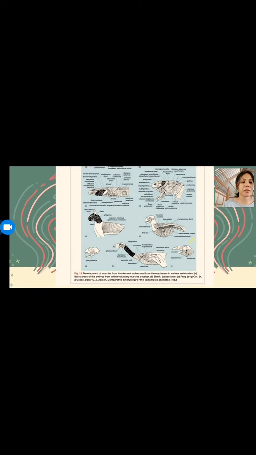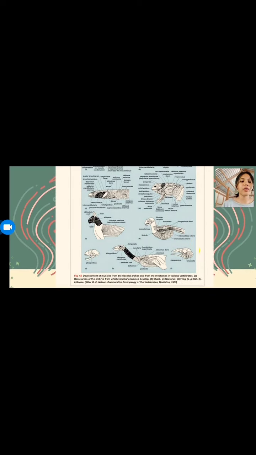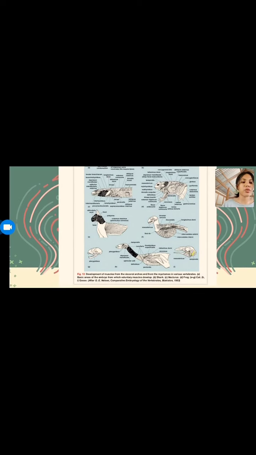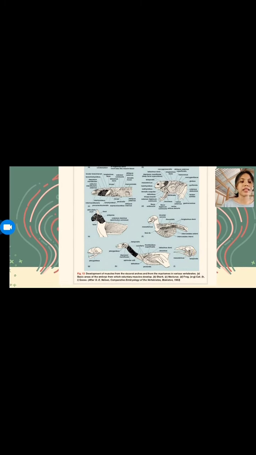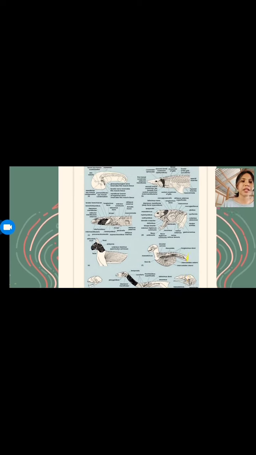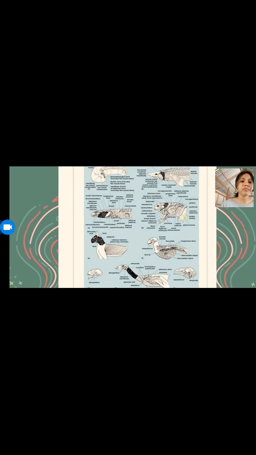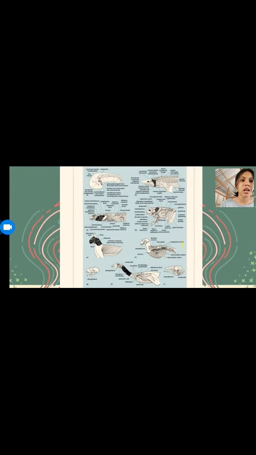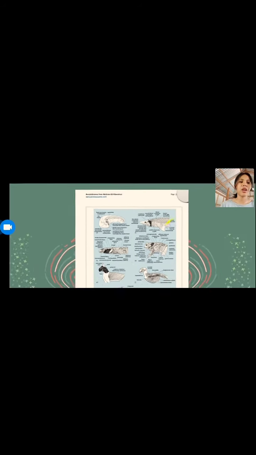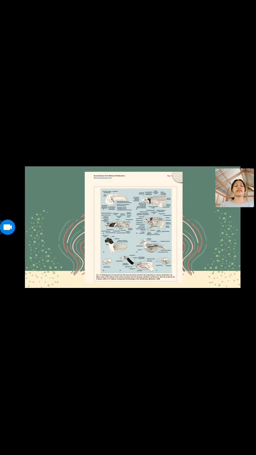In B, the shark; C, the Necturus; D is the frog, and the cat, and the I is the goose. This picture shows the differences in the myotomes. That's all my report. Thank you.